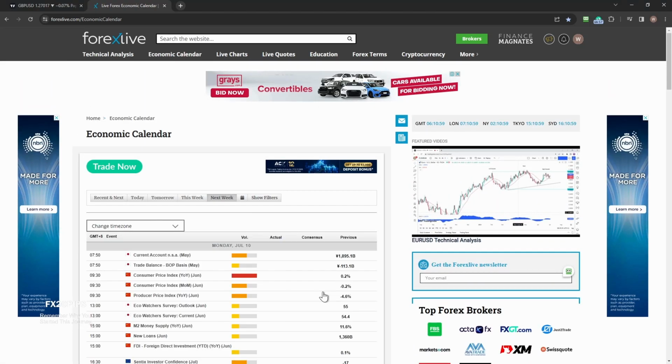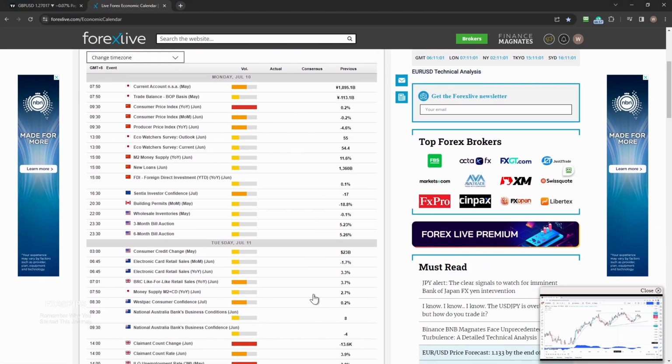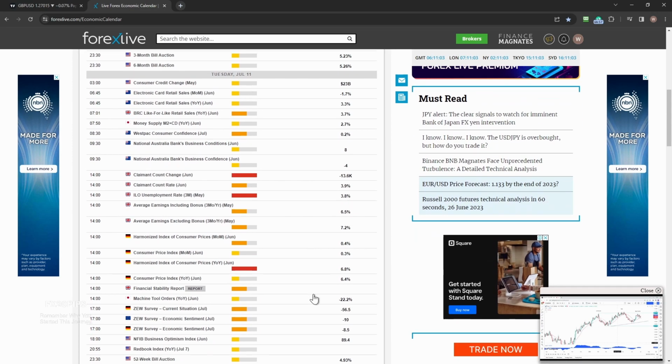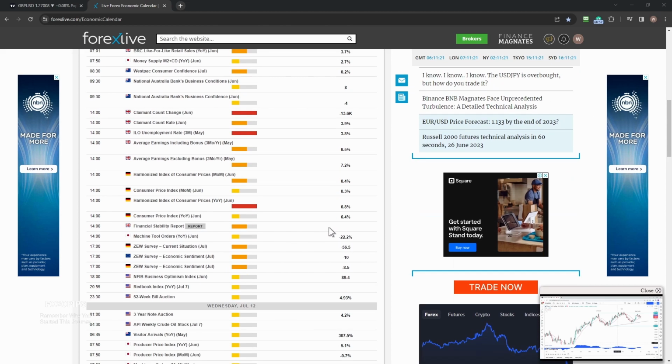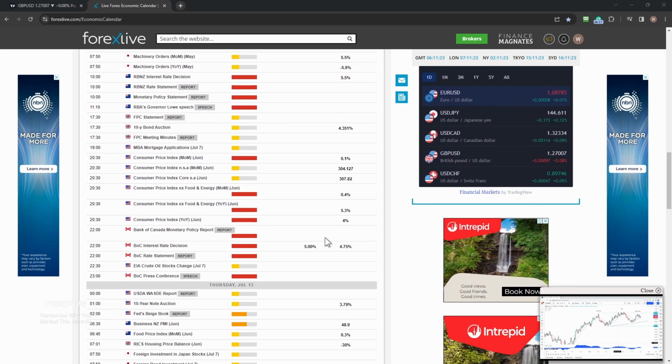Next week we have the jobless rate in the UK on a Tuesday. Then the Germany CPI. What else do we have? We have CPI from the US.